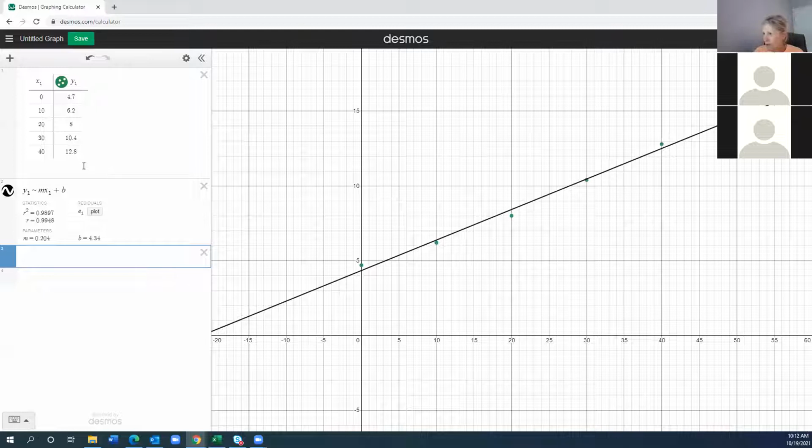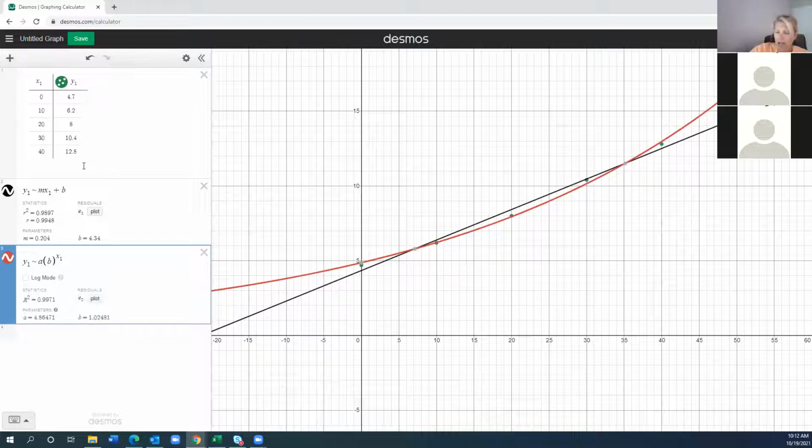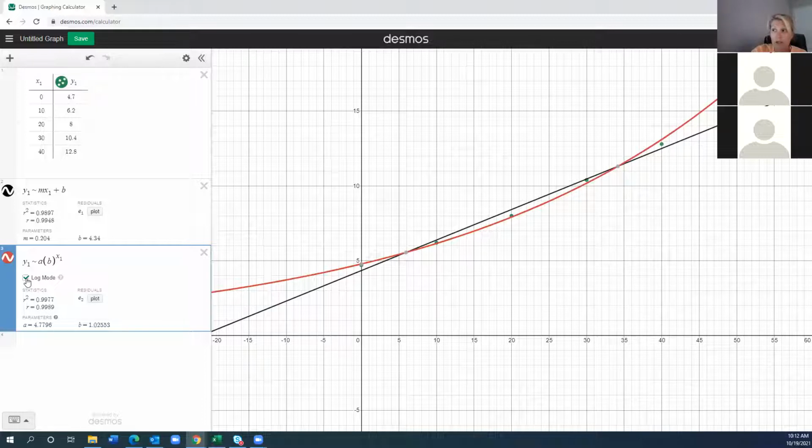You got the exponential in too? Yeah. Okay, so the exponential is A times B to the X1, right? And on the exponential, we have to always make sure that we click on the log mode box or we won't see the R. If you have the log mode box clicked on and off, you can see that the A and B changed slightly. So it's important that we are using log mode.